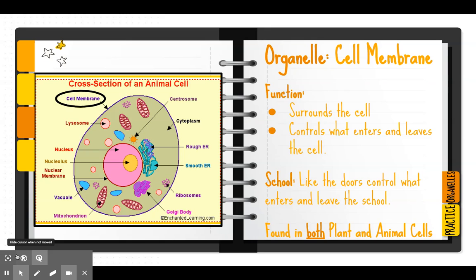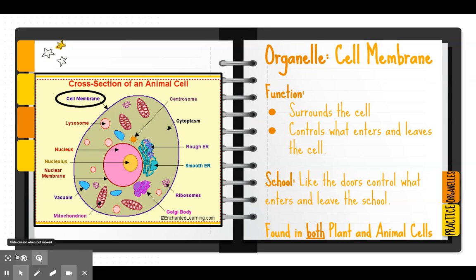If we were to compare it to our school, it would be like the doors. Sometimes you go up to a door at the school and the door is locked and you can't get in. Other times the doors are programmed to be open and you walk right in and other things go out, and that's what decides what can go in and out of the school.